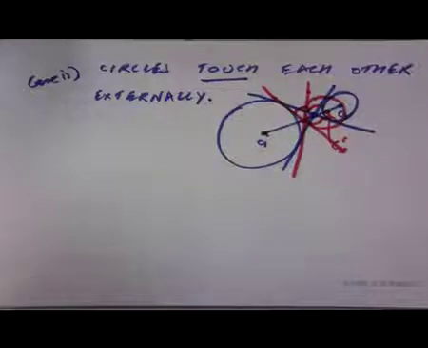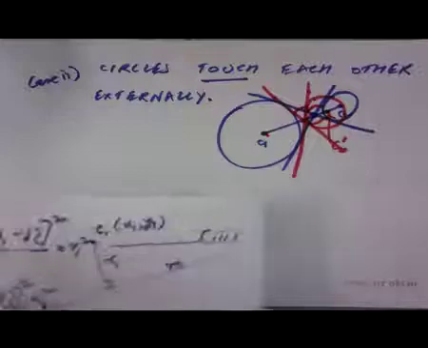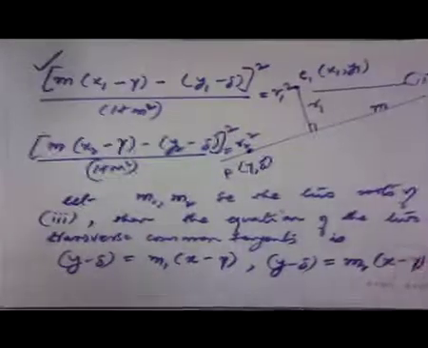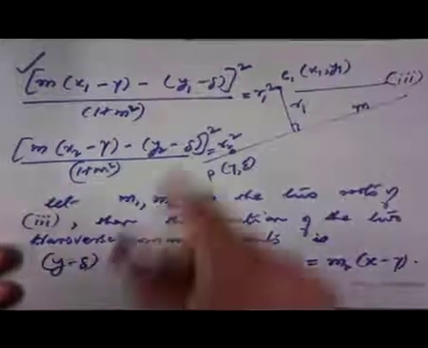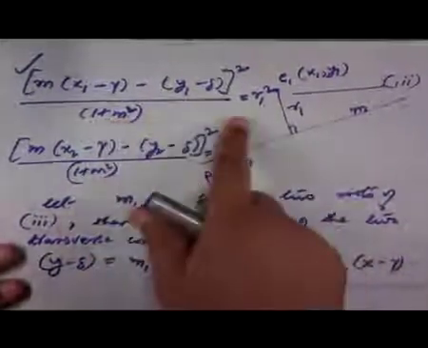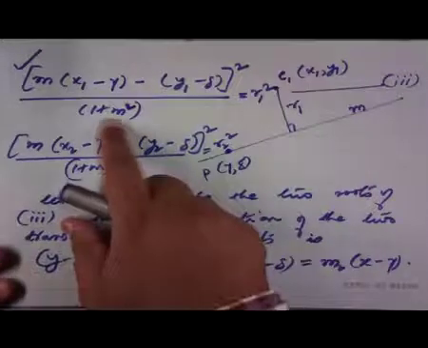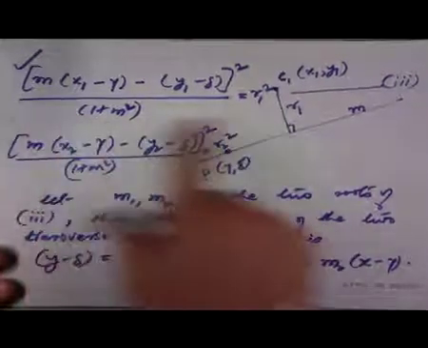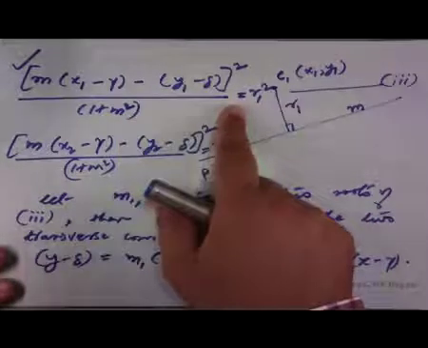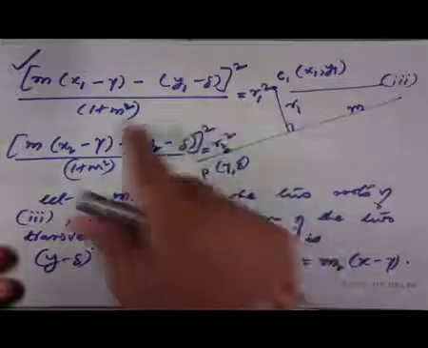To see that, one could go back to the first case, especially when we were deriving the equation of the two transverse common tangents. We had this particular quadratic equation, and we said that there will be two roots m1 and m2 for the slope.